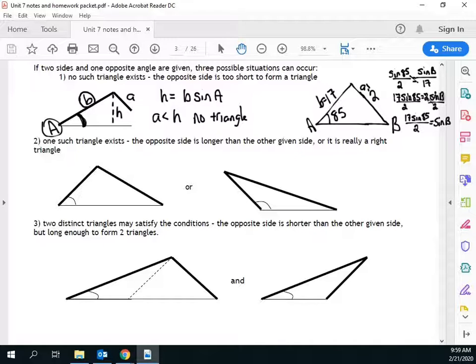If you put this in your calculator and you go through the steps. Now, I'm showing this for two reasons. One is to prove that B times sine of A... so someone real quick, what is 17 times the sine of 85? 16.93.